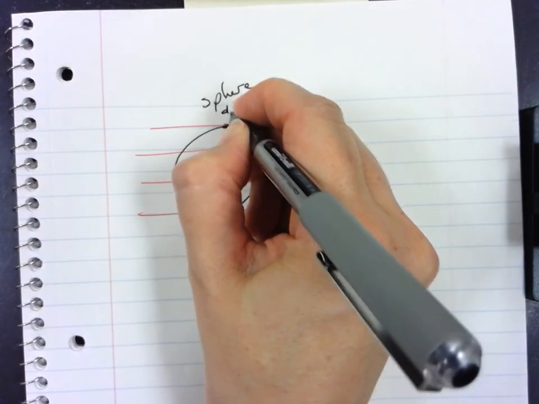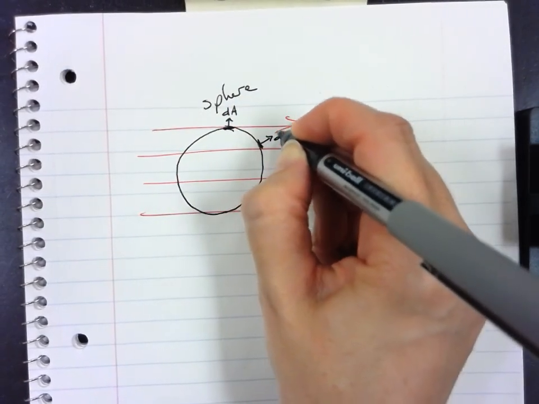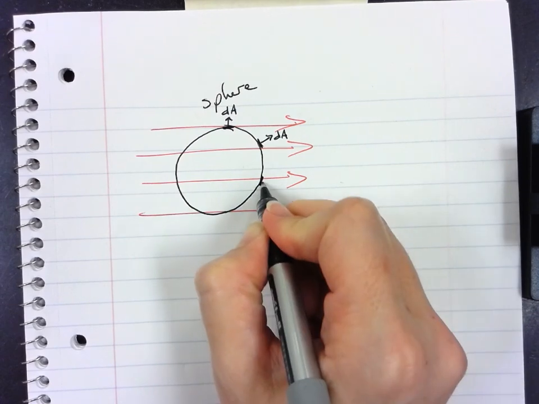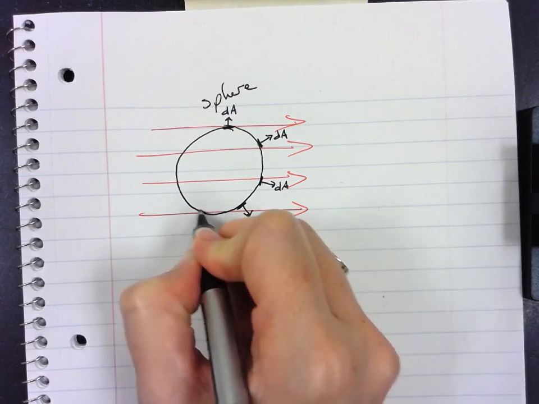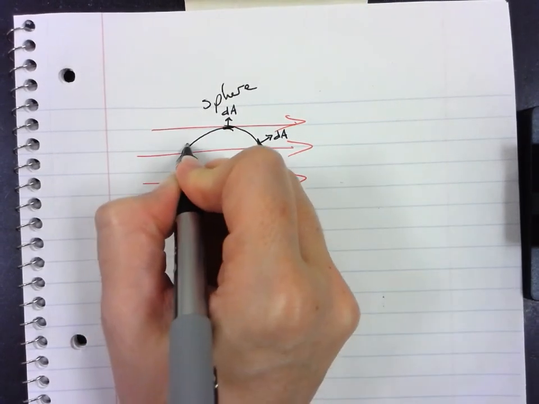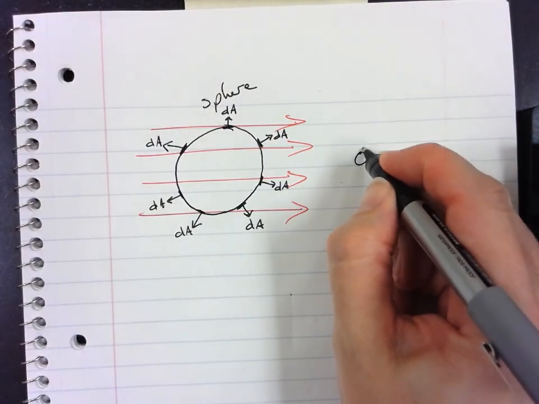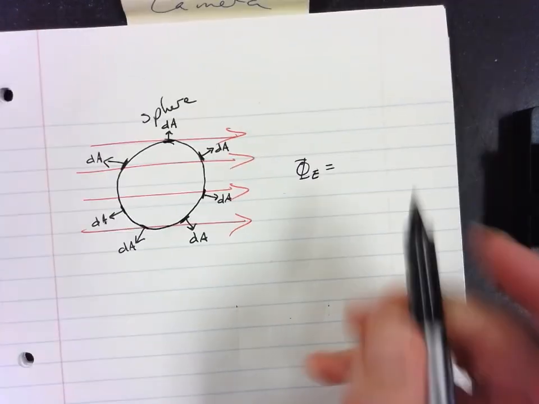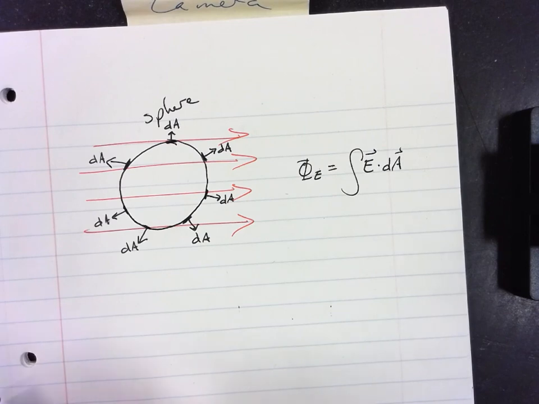So this little patch of area would have a normal this direction. This little patch of area would have a normal this direction. This little patch, this direction, and so on. Always outward. And that's when the flux equation turns into the integral. Okay? And you would add these all up. They are fairly complicated, so we're just going to leave them behind right now.